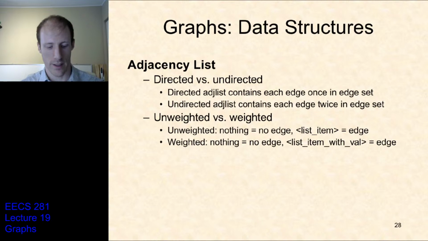If we have an edge that connects A and B, that means node B is in node A's adjacency list, and it also means that node A is in node B's adjacency list. And then also, I think I already mentioned this, but if you want to represent your weights in an adjacency list data structure, your list items are just going to be a tuple of the node and also the weight.